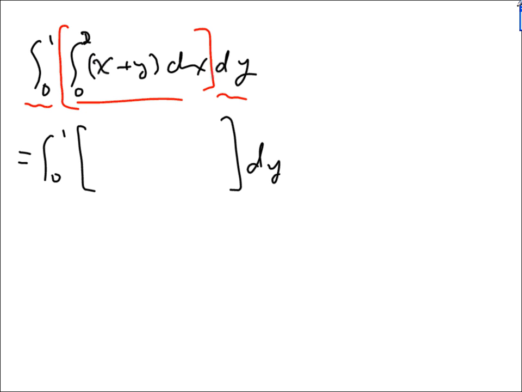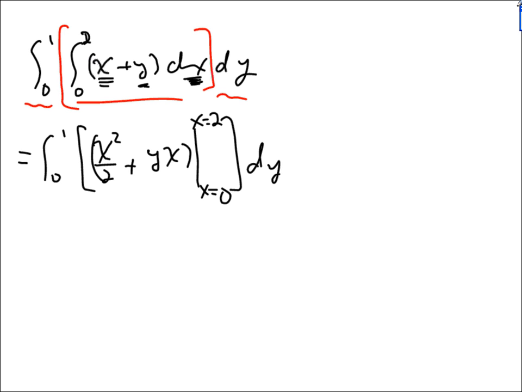Inside the red box, the variable here is x. I integrate with respect to x. The integral of x is x squared over 2, plus, y is a constant, so the integral of a constant is the constant times x. And x goes from 0 to 2.